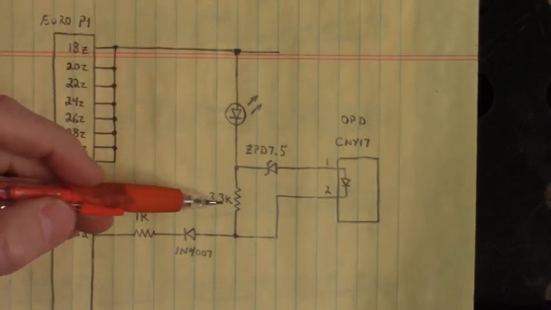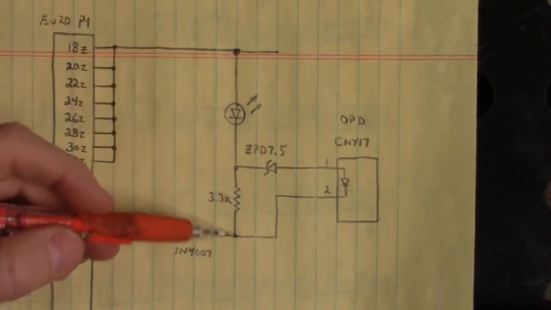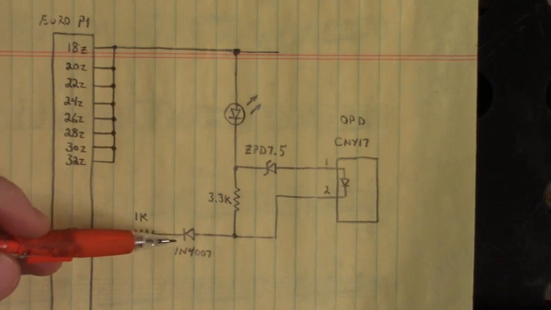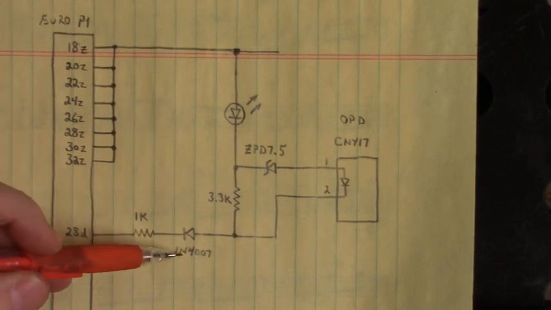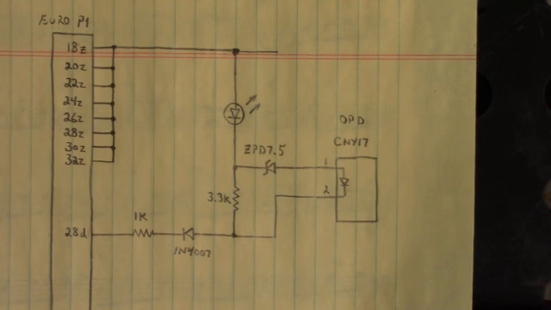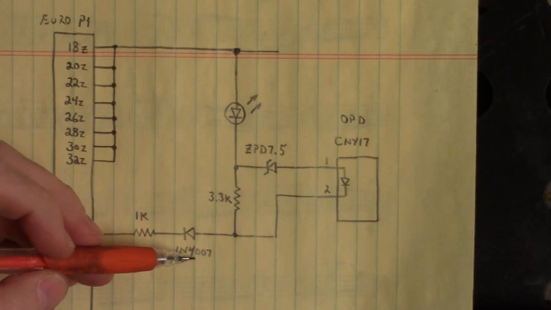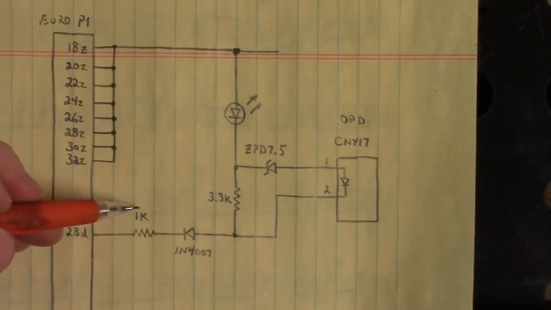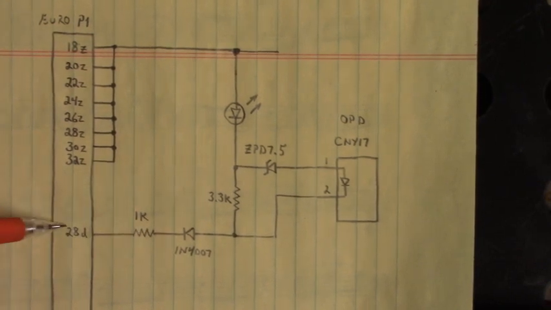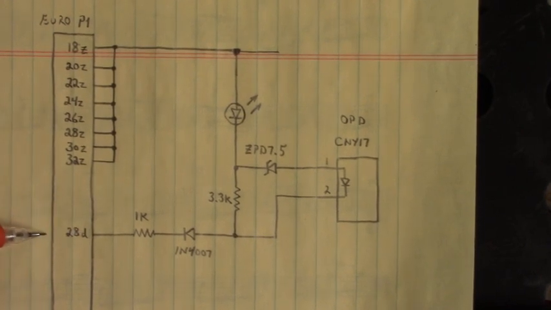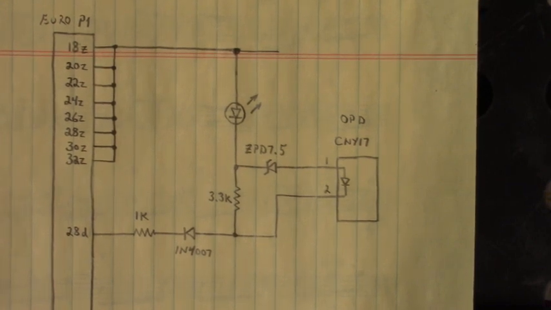We have a 3.3 kilo-ohm current limiting resistor to the anode of a 1N4007 diode. The cathode of the 1N4007 diode goes to the 1 kilo-ohm resistor back to this input right here, 28D, that we pulled to ground of the 24 volt DC external power supply.